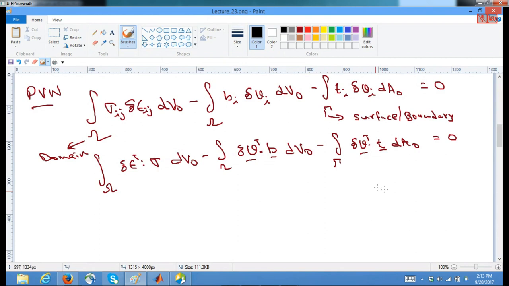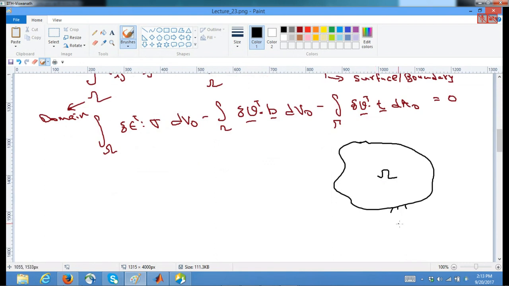That is, when you have a domain omega and a boundary, where on gamma u, u is equal to u star is mentioned, which is the kinematic boundary condition, and t is equal to t star on gamma t.